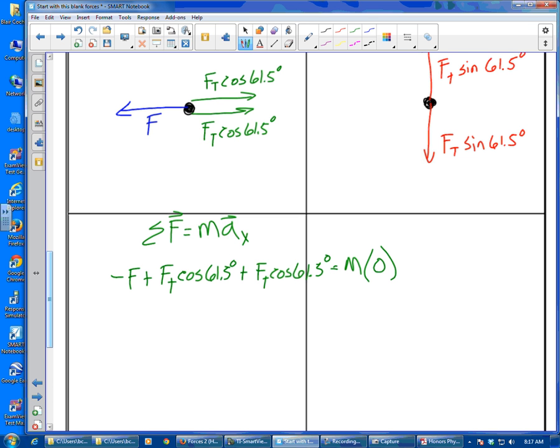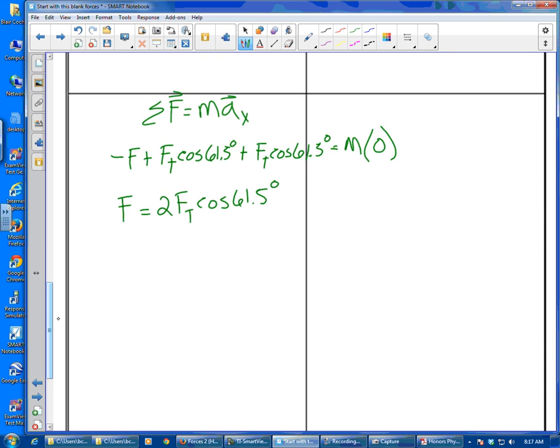So rearranging this, I get F equals 2 times F_t cosine 61.5 degrees. And they want me to find the tension, so I'm going to rearrange that so I have the tension by itself. I'm going to get F over 2 cosine 61.5 degrees equals the tension.